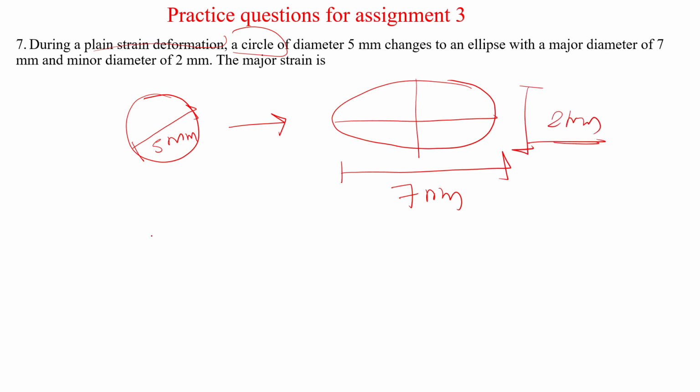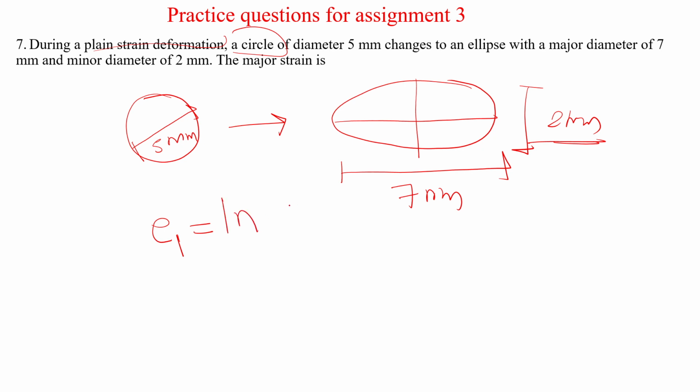The major strain, that means e1. Can you find this? Just put the formula, nothing else. 0.34. 0.34. Everyone is getting the same thing.